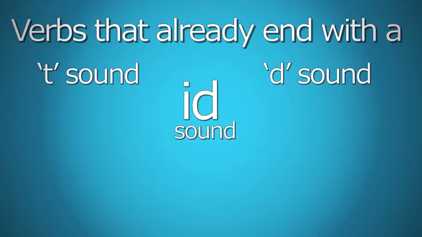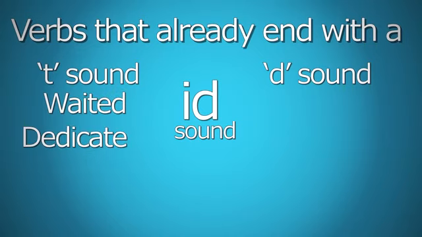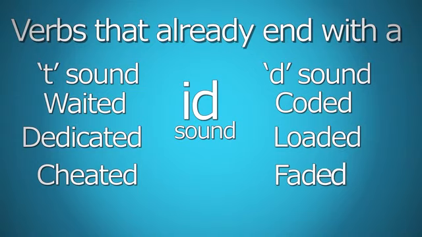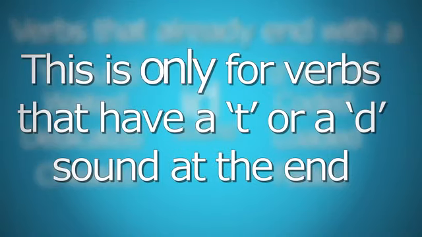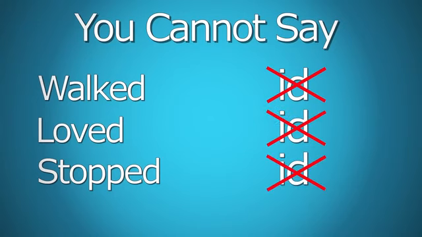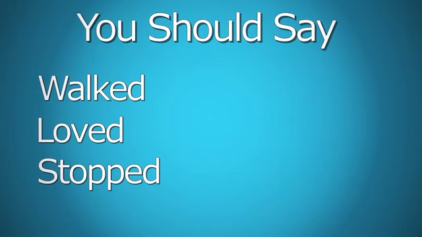For example, the way wait becomes waited, or dedicate becomes dedicated, cheat becomes cheated, code becomes coded, load becomes loaded, and fade becomes faded. But remember, this is only for verbs that have a T or D sound at the end already. You cannot say walk-id, love-id, or stop-id. Those should be pronounced walked, loved, stopped.